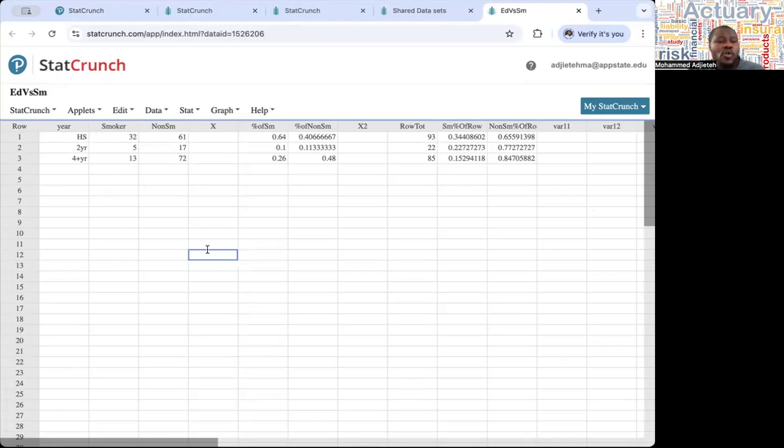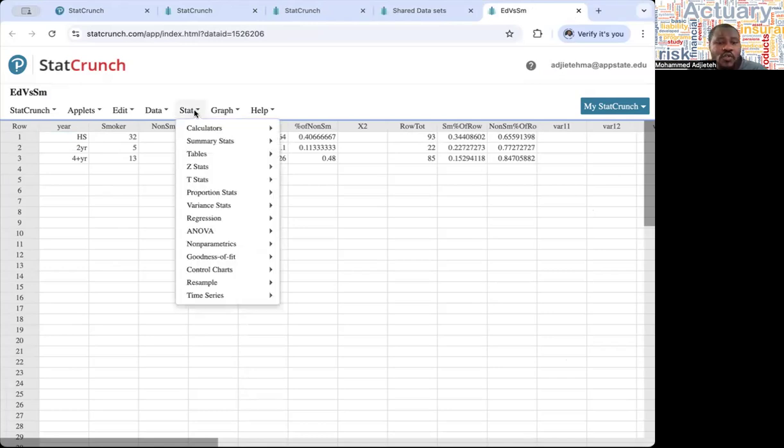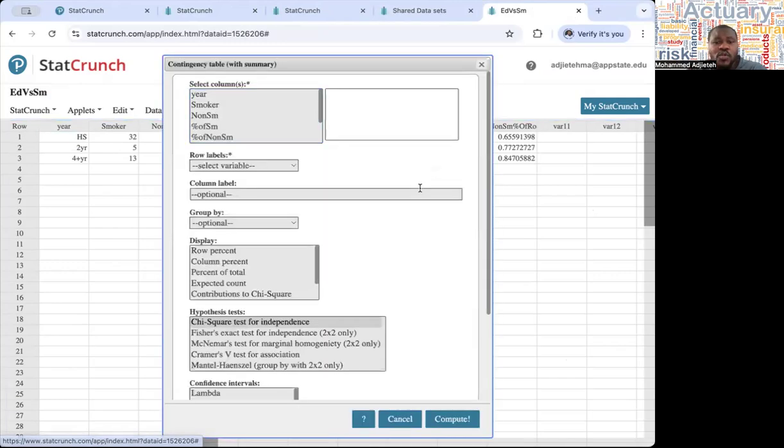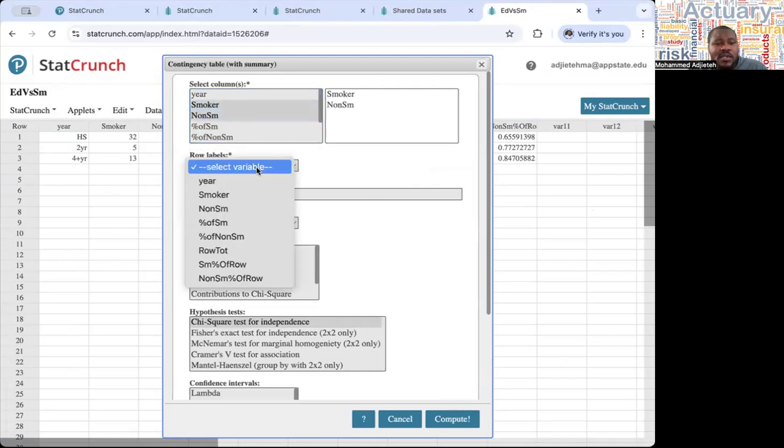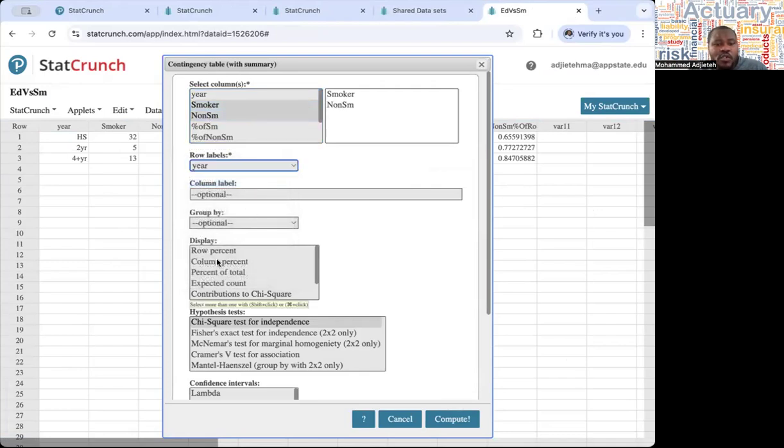If we want to display the contingency table in StatCrunch, all we need to do is go to Stats, go to Table, go to Contingency Table, and then we go with Summary, because this table has been summarized for us. So we go with Summary, and our columns are smoker and non-smoker. The row label is year. What do you want to display?